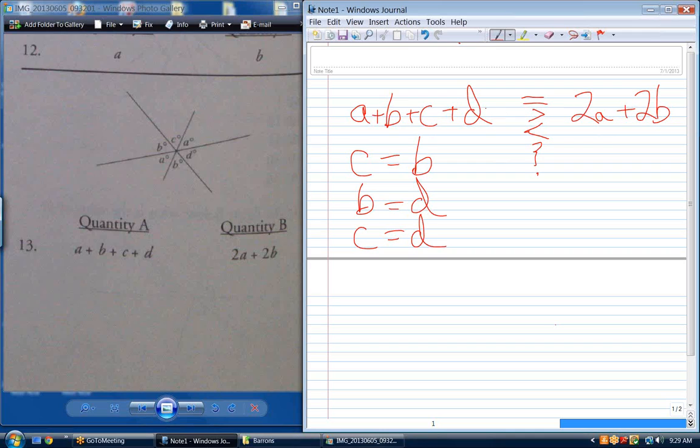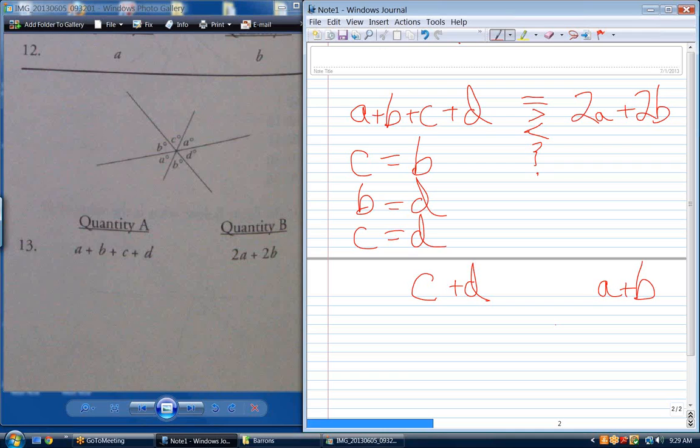So I can subtract A plus B from that relationship. And what that gives me is C plus D over there and A plus B over there. When I subtract an A plus B from the right side, I get A plus B. Okay.